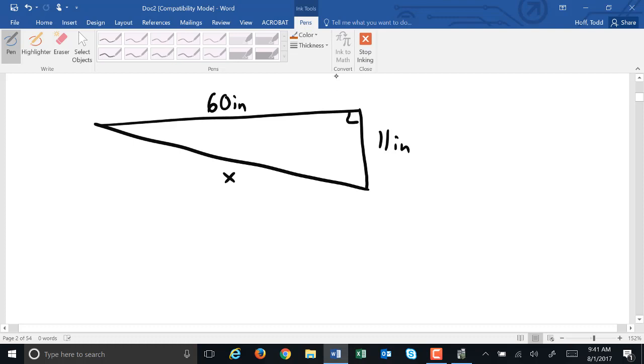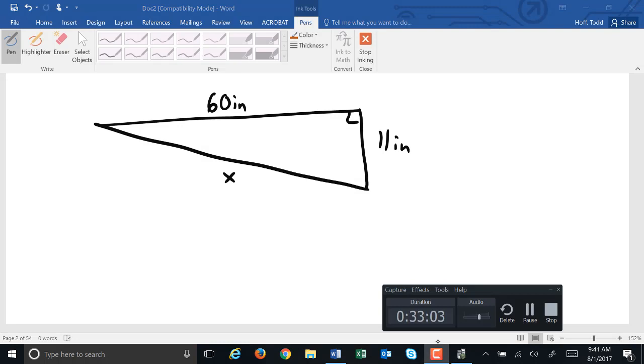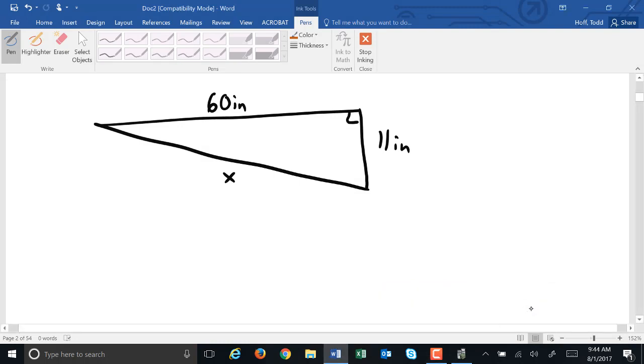In your notes, I want you to see if you can find side x for me. Tell me what to do. Well, the 60 and the 11 are legs. In other words, they form the right angle of a right triangle.